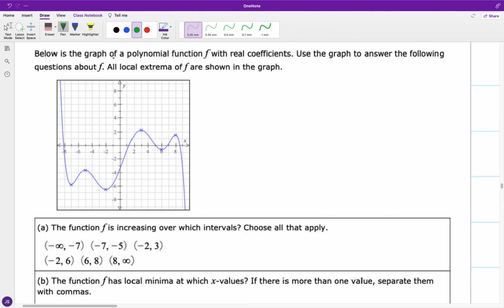For the first part, you have downward motion, so the function is decreasing. Once you get to, say, x at -7 and get past that, you're going to have an increase, say between -7 and -5. Then that's followed by a decrease, and then we resume with an increase.